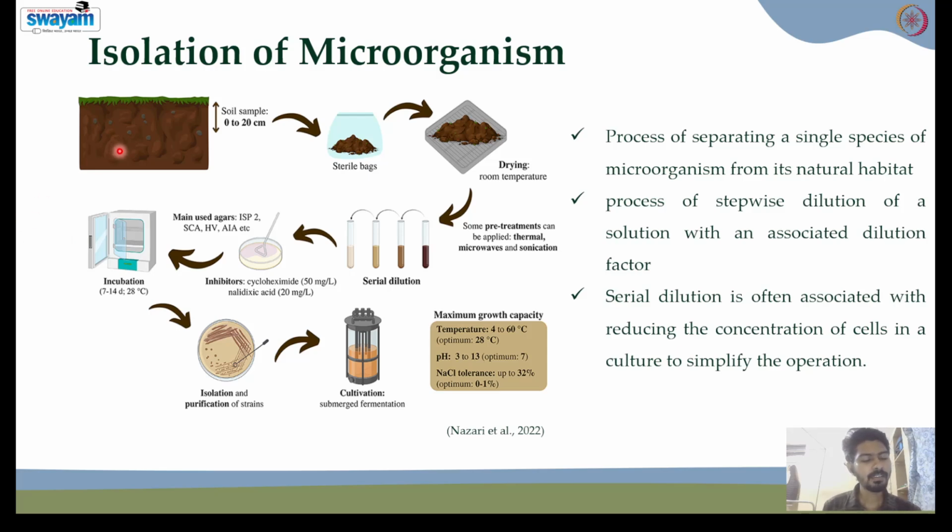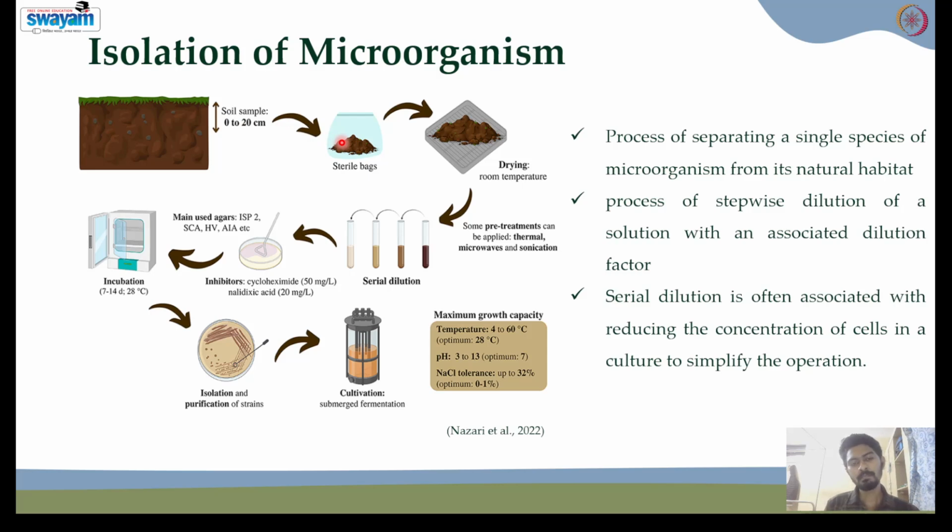First, I will dig to a depth of 20 centimeters and collect the samples, because the surface soil will contain contaminants, plastics and other debris. So we will collect the samples at a depth of at least 20 centimeters and take them into the laboratory by storing them in sterile bags.